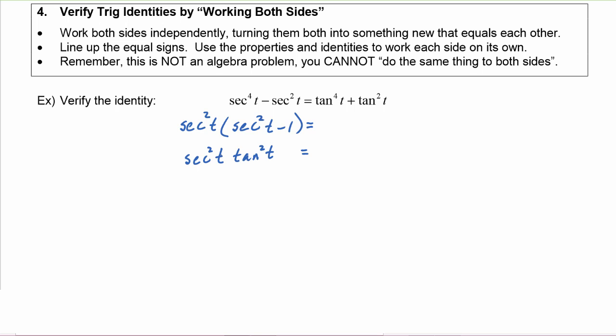And maybe at this point we're not really sure what to do, so this is a good time to move over to the other side of the identity and work on that side independently. So similarly to the left-hand side, we can factor out, in this case, a tangent squared of t, and we would have left tangent squared of t plus 1.